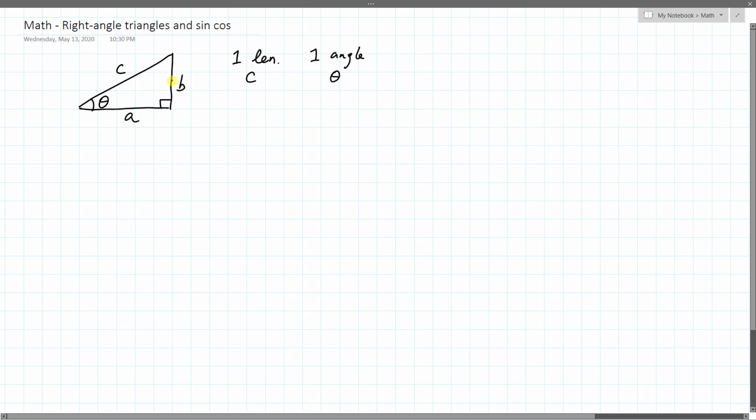This is a very practical application, because we can add components together and we can find sums of vectors. So let's find out how to get everything else out of just these two, a hypotenuse and also this angle.